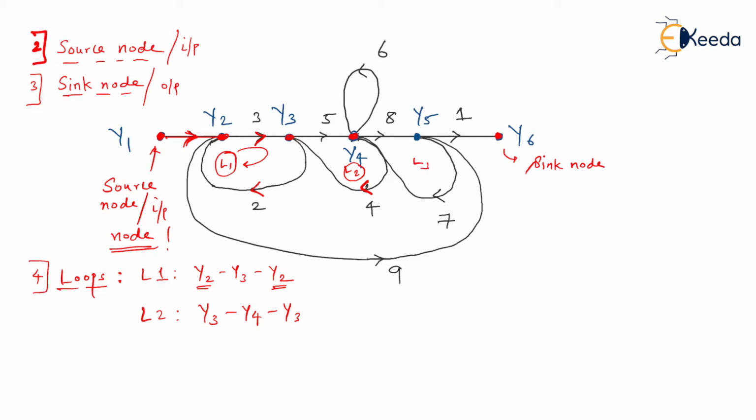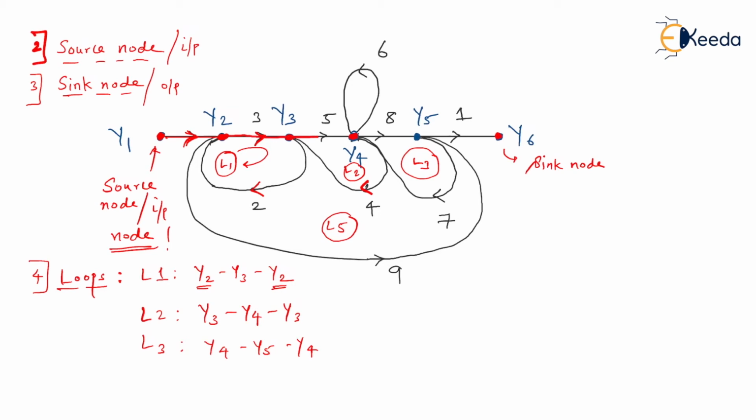Look at loop number 3, very simple. It is starting from y4, y4 to y5 and y5 back to y4. Is that right? So even loop 3 is figured out. Look at the bigger loop.